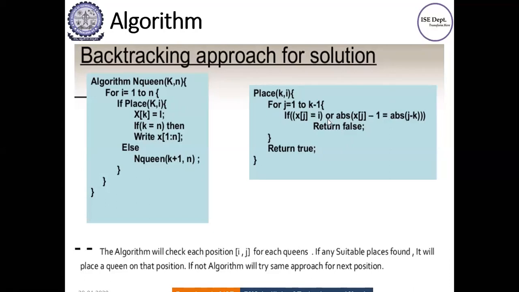Or the absolute of this indicates whether both the queens are in the same diagonal or not, we are checking here. That is what we told, right?